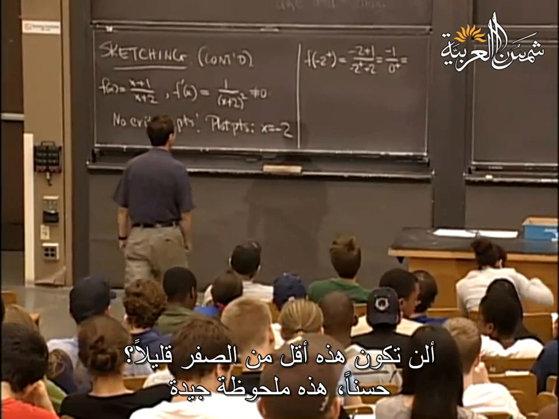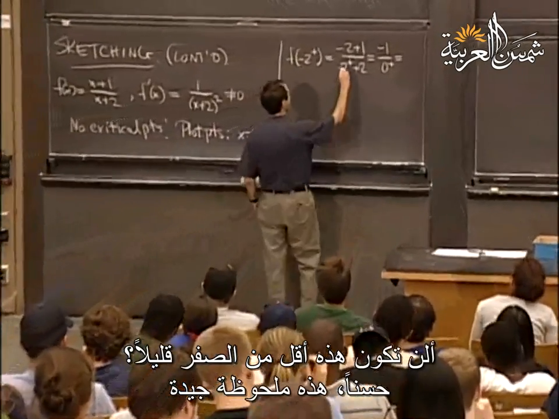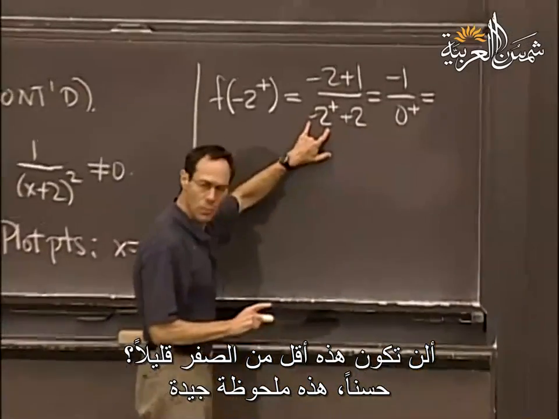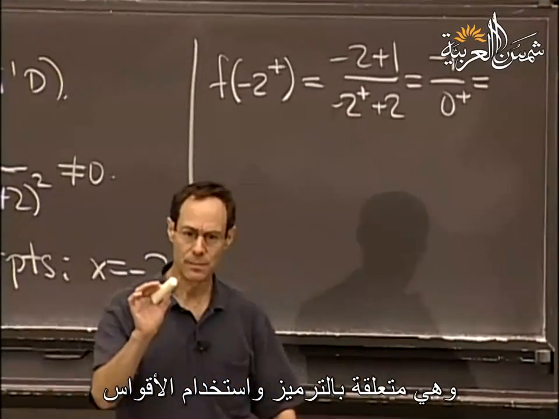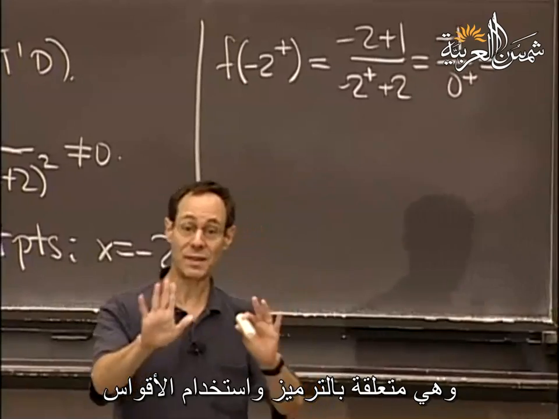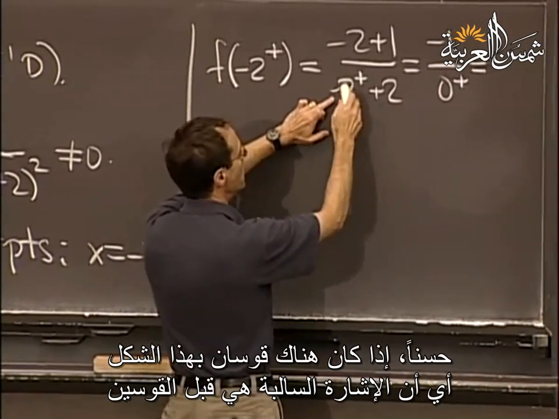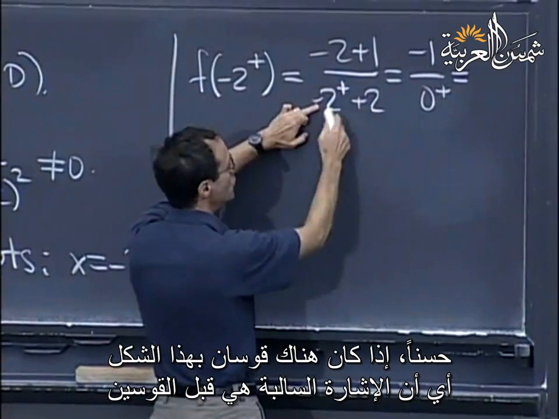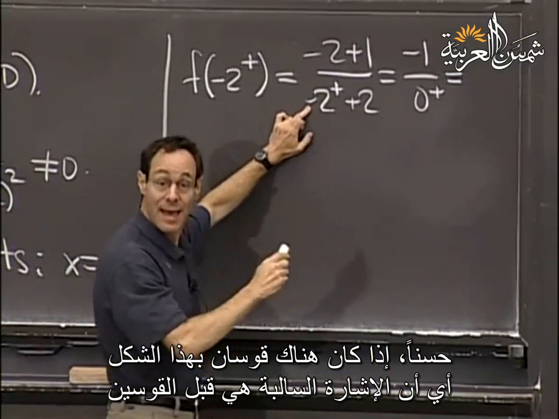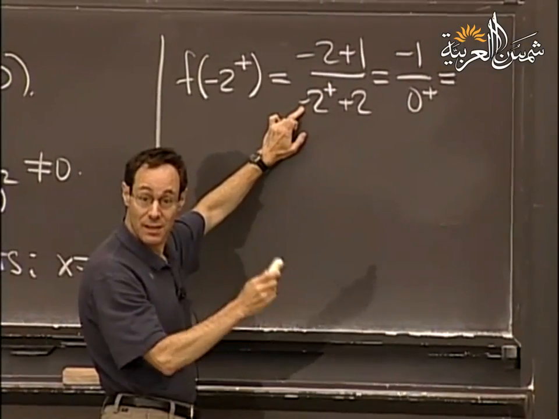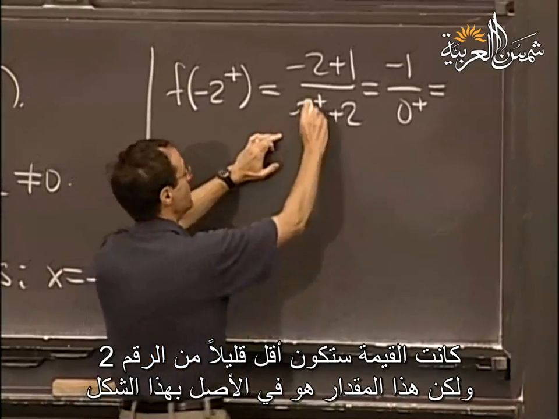Wouldn't it be a little less than 0? Okay, so that's a very good point, and this is a matter of notation here and a matter of parentheses. So wouldn't this be a little less than 2? Well, if the parentheses were this way, that is 2 plus with a minus after I did the 2 plus, then it would be less, but it's this way.